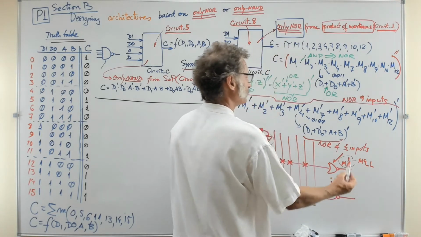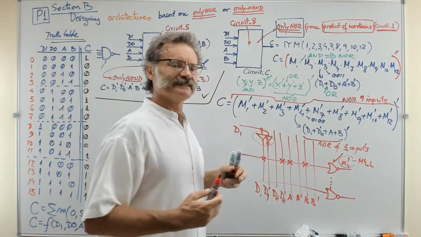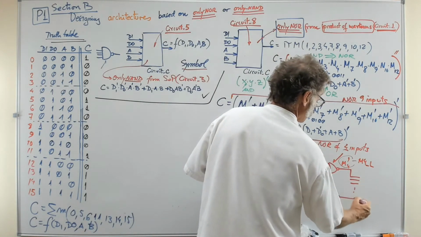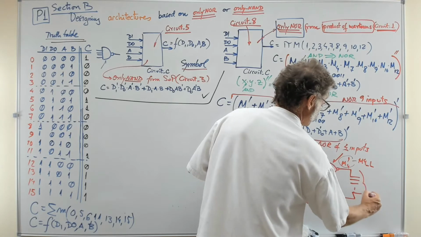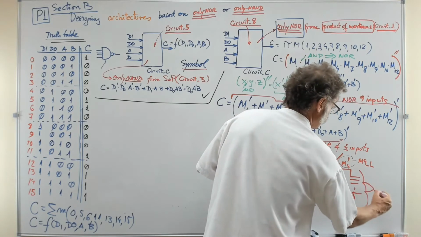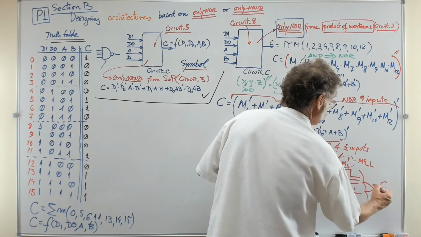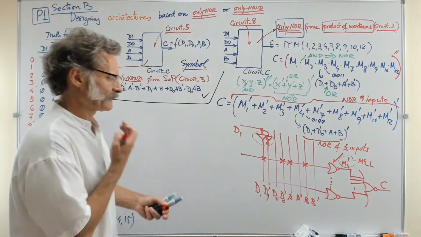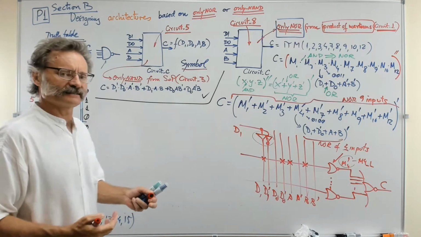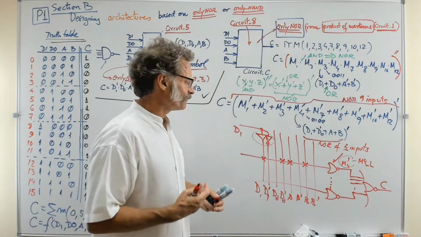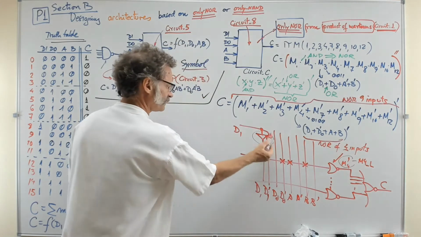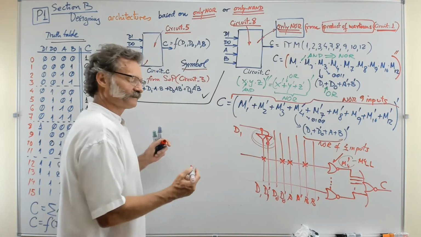And finally, there is this 9 input NOR, okay, that you can represent this way. So this is the final C that you are inventing here, okay? So this is a circuit that has NORs everywhere in the 3 levels, because in the first level you can apply the same tactic as before.